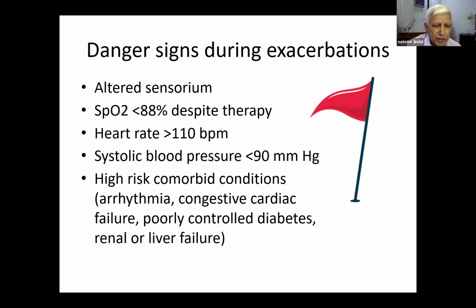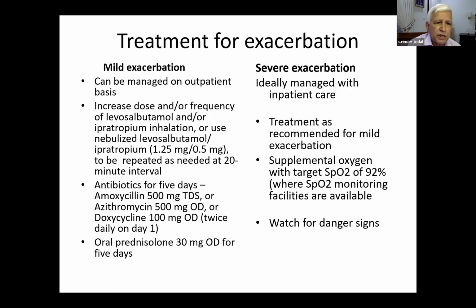I have already said it partly in the previous slide. For mild exacerbation, you can just readjust treatments and increase the dose or frequency. A short course of antibiotics may be required here: amoxicillin, for example, 500 milligram thrice a day, or azithromycin or doxycycline, etc. As Dr. Khilnani said in the very beginning, for respiratory infection, we avoid the quinolones in particular because of the risk of tuberculosis.